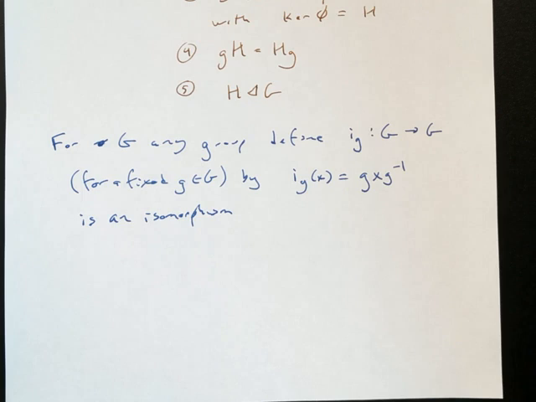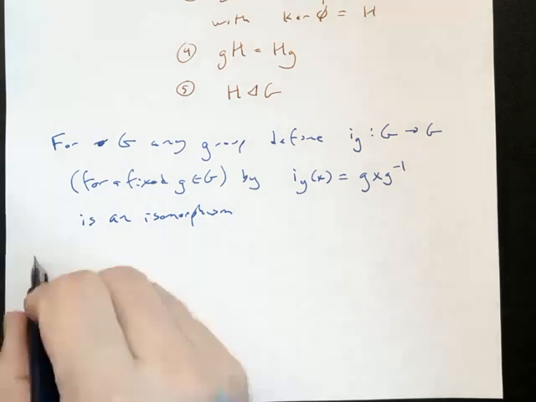Which means it needs to be 1-to-1 and onto. But there's more. It also needs to be a homomorphism, right? I need the homomorphism property and a bijection. Yes. Proof.